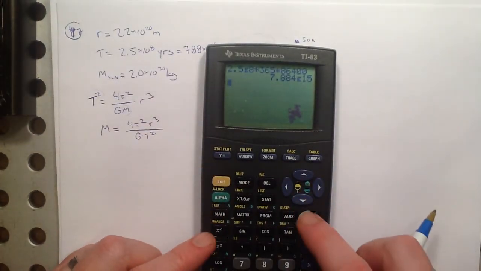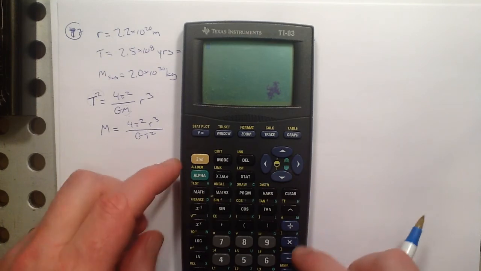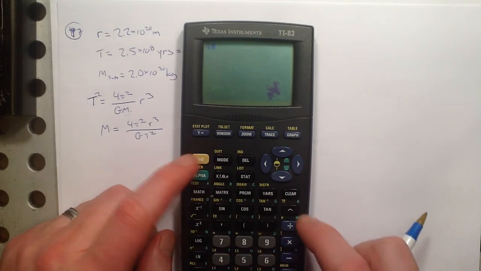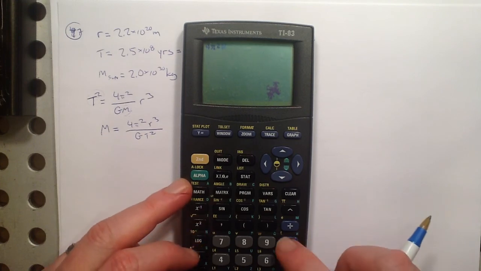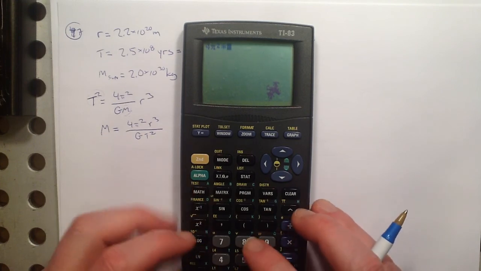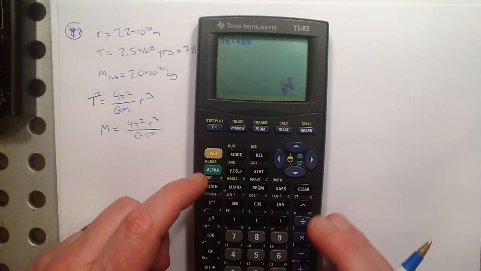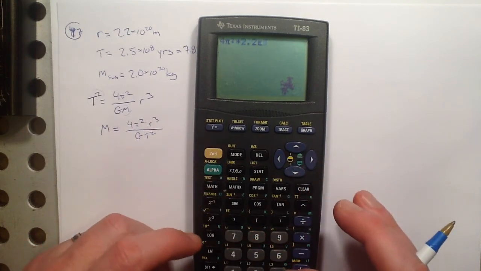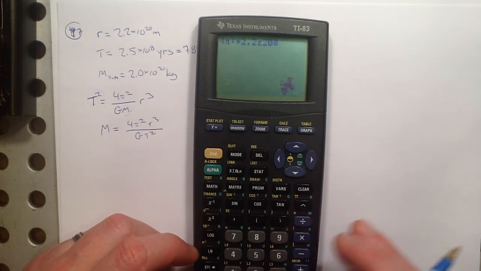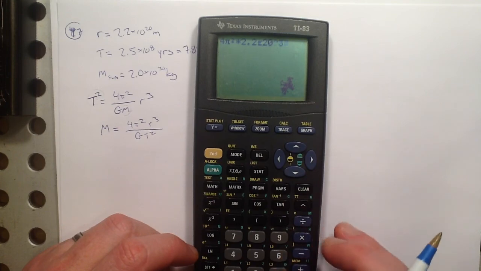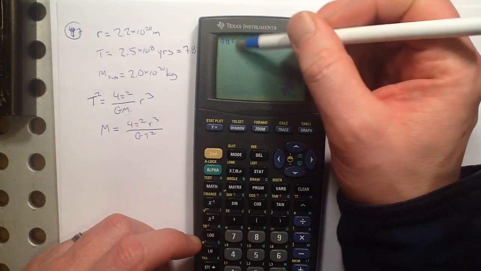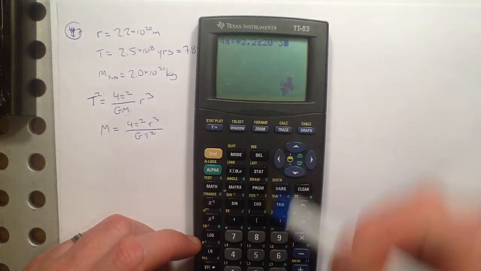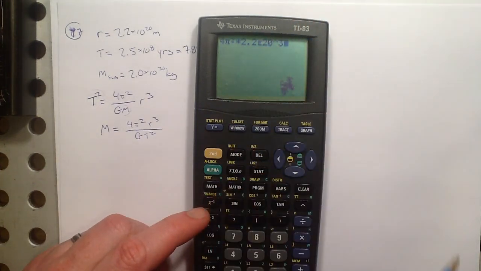And that gives me 4 pi squared times r cubed. Your calculator recognizes the order of operations priority here is that that's one number, so it will cube the whole thing, not just cube the 20.